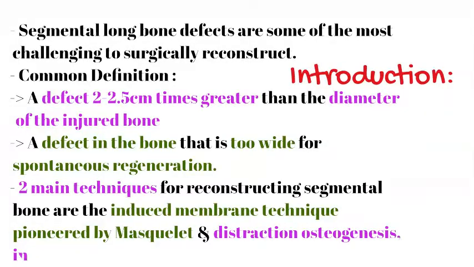The two main techniques for reconstructing segmental bone are the induced membrane technique pioneered by Masquelet and distraction osteogenesis introduced by Ilizarov.